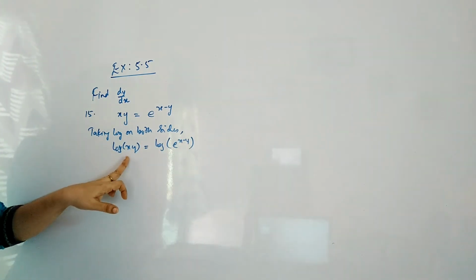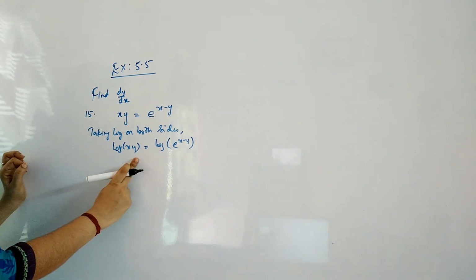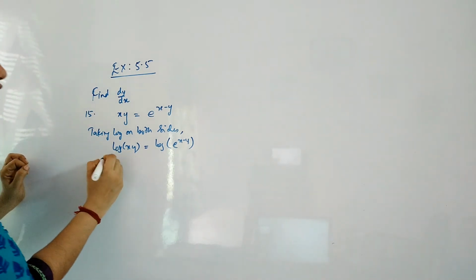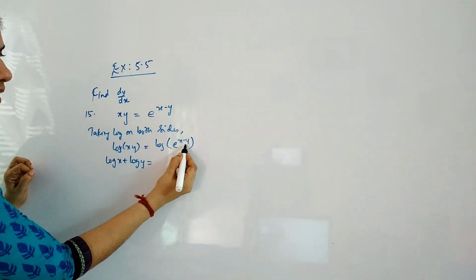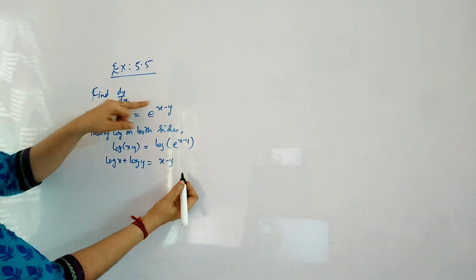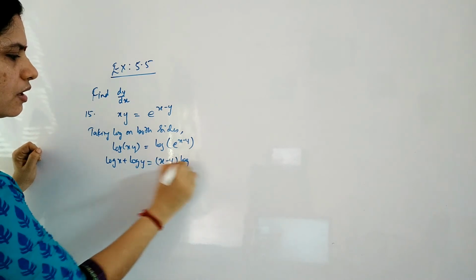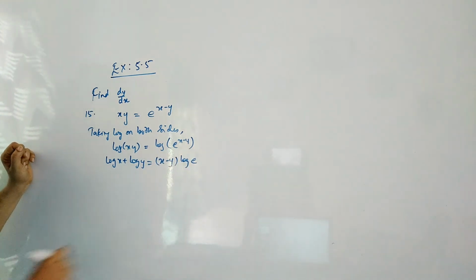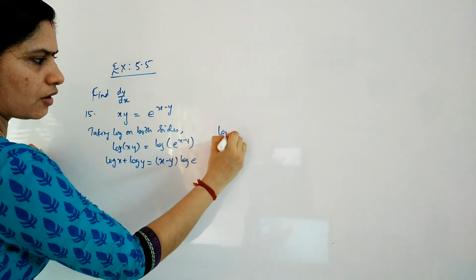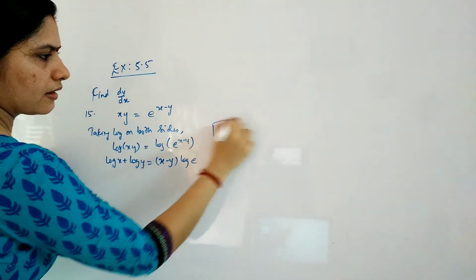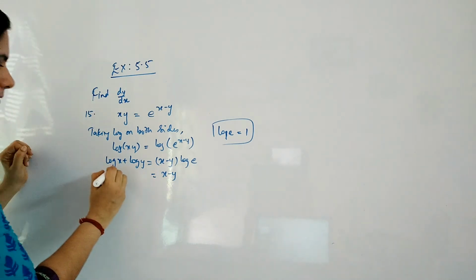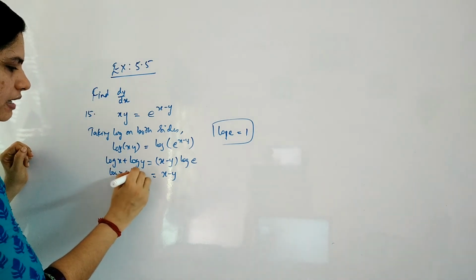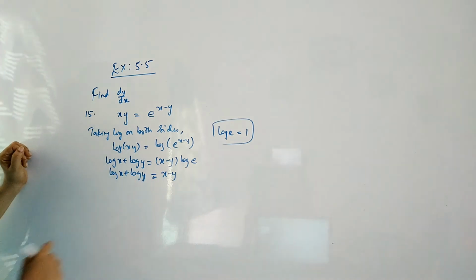Log of xy means log of a product, so you will have log x plus log y on the left hand side, and this will become x minus y, that is the power, into log of that term, which is log e. What is the value of log e? Log e is 1. So you will have only x minus y on the right hand side. So this is log x plus log y is equal to x minus y.